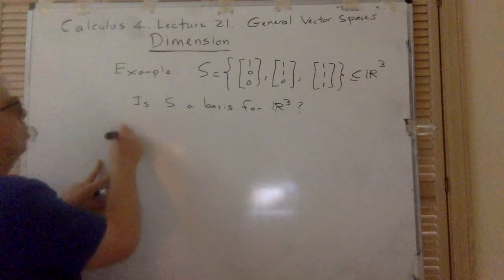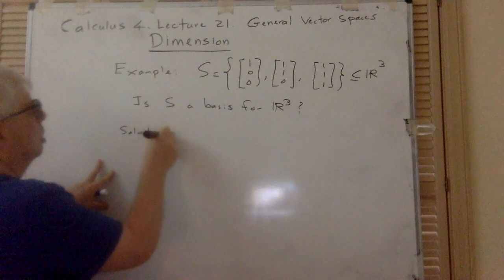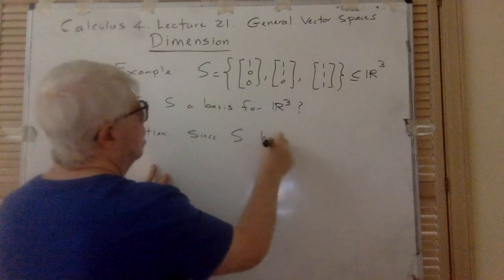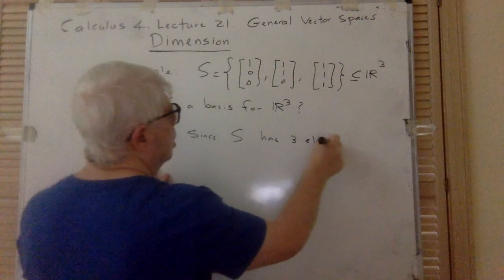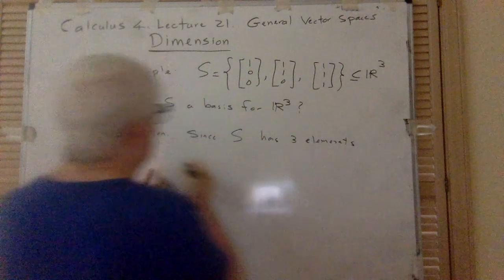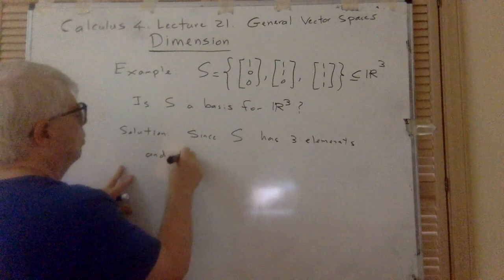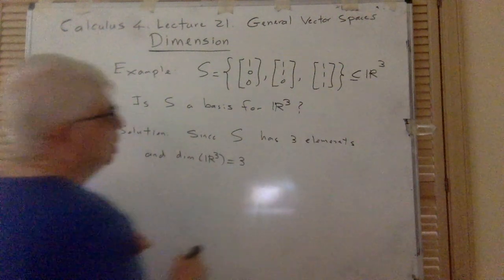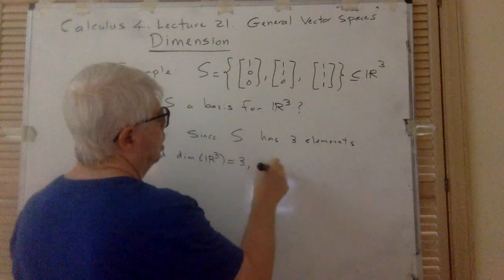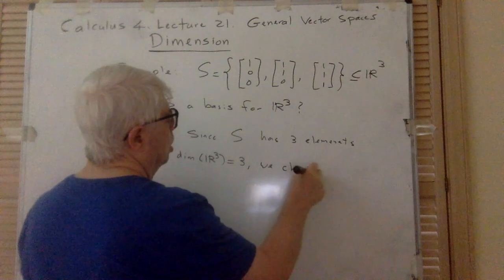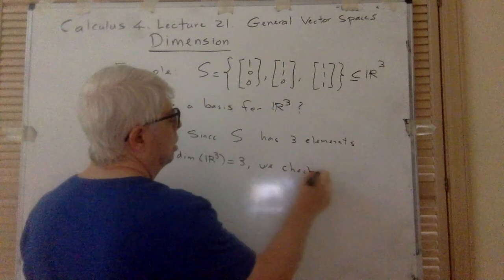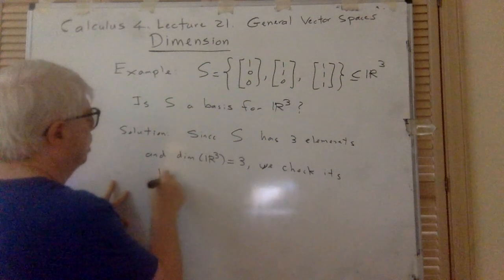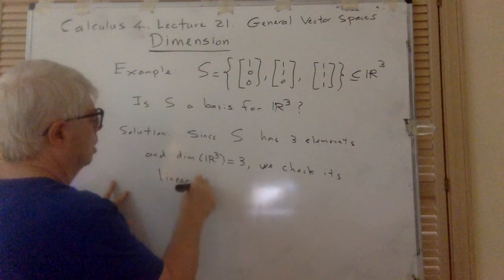So the solution is this. Since S has 3 elements and the dimension of R3 is 3, we check its linear independence.